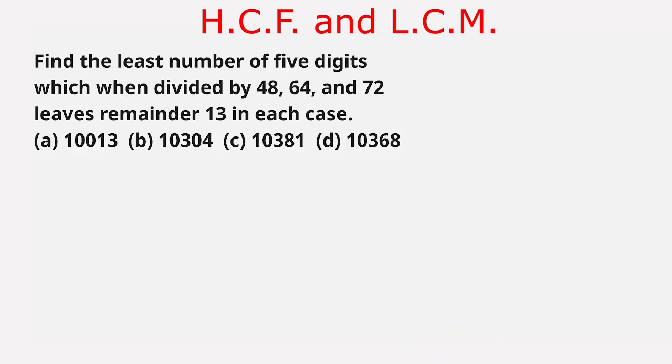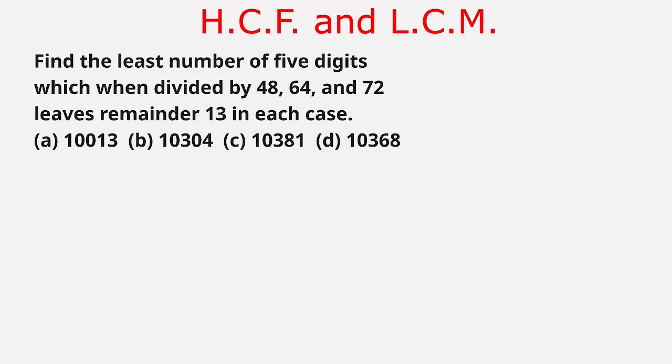We will first find the LCM of 48, 64 and 72. Then we will divide the least 5-digit number which is 10,000 by that LCM, and then we will subtract the remainder from 10,000 and then we will add LCM to that, which will give us the least 5 digits number divisible by 48, 64 and 72.